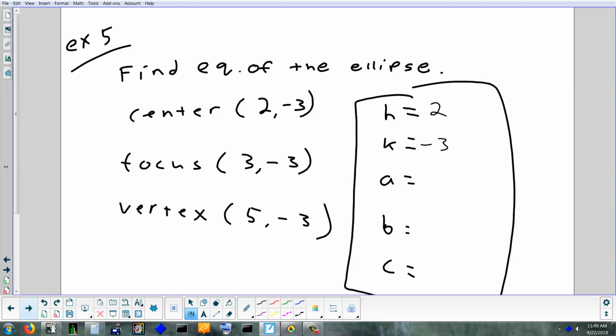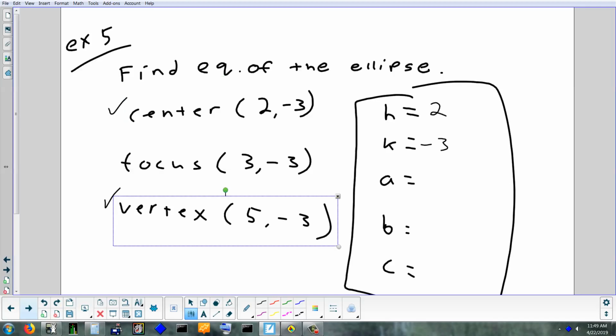So Emily, what is a again? Just the definition. You don't have to give me the actual answer here. From the center to the vertex. Got it. So all I have to do is look at these 2 points and figure out how far apart they are.